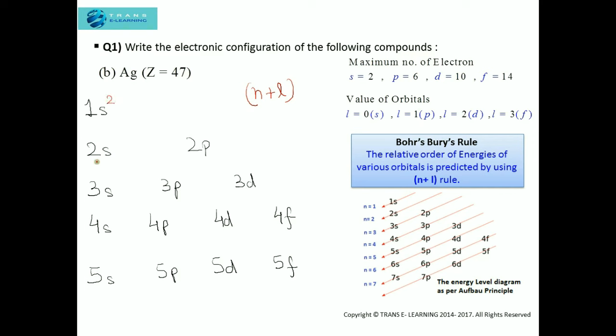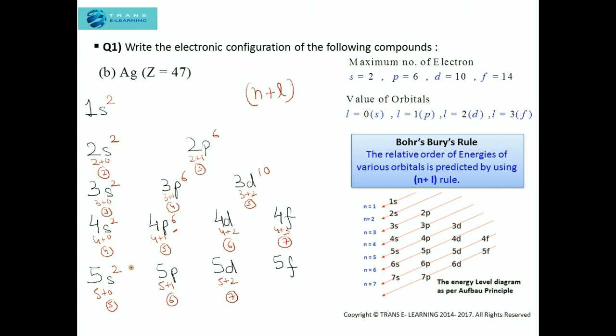Now I will fill 2s first, and then 2p, then 3s, then 3p, then 4s, then 3d, and then 4p. Till here we have 36 electrons filled, and after that I will fill 5s, that will be 38, and then we are left with 9 electrons, so I will fill them in 4d because d orbital can take a maximum of 10 electrons. So this is the electronic configuration of silver.